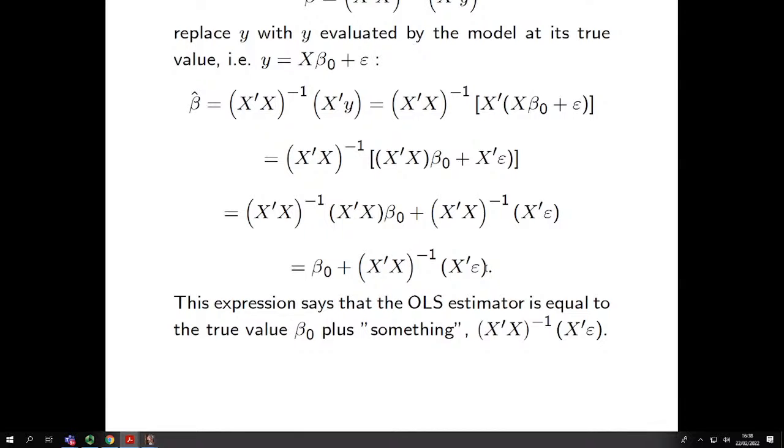So the OLS estimator is centered on the true value when the regressors are deterministic. For instance, if in your regression model you have just a constant, or, we'll discuss, a dummy variable.